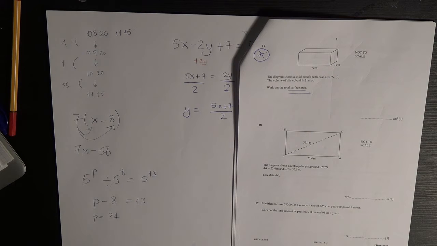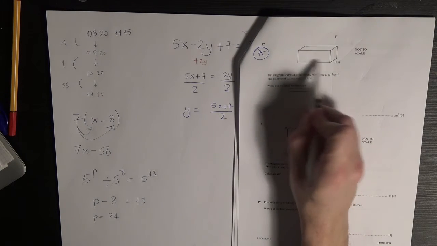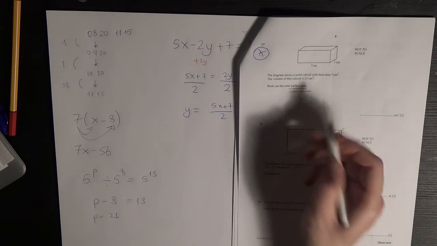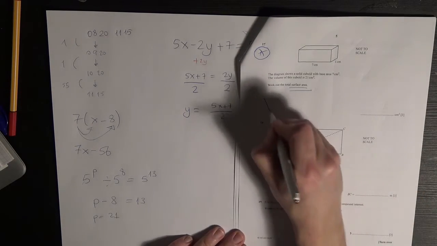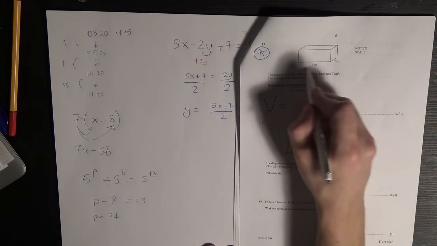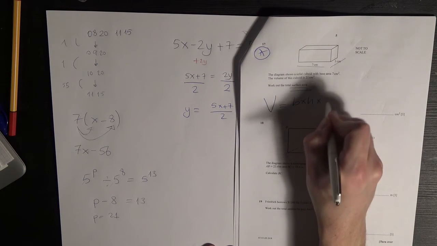So if the base area is 7, that means this is 7 and 1, so this is the base area, and the volume is 21. What is the volume of a cuboid? It is base times height times length.